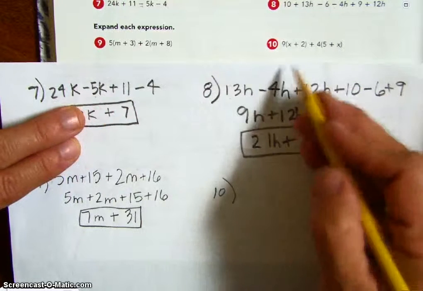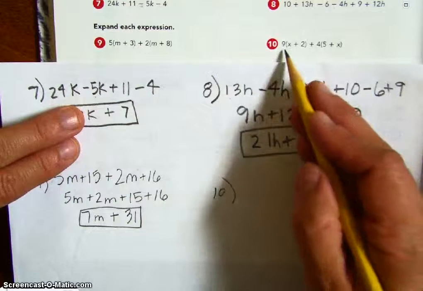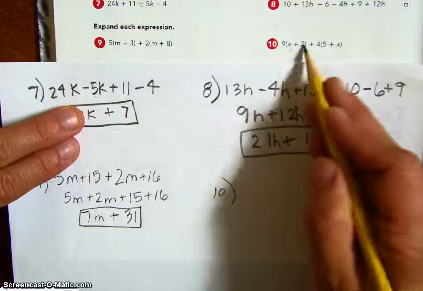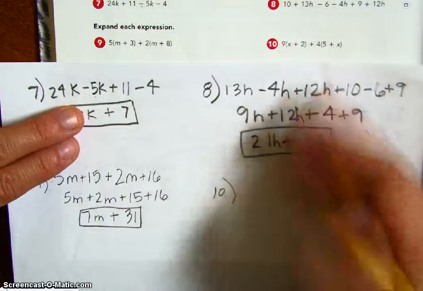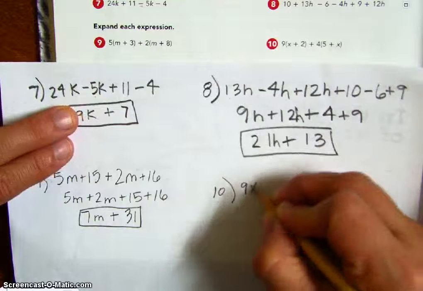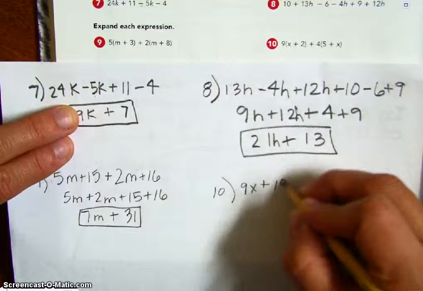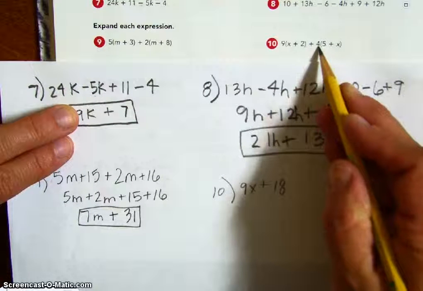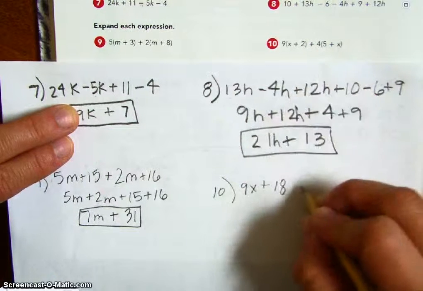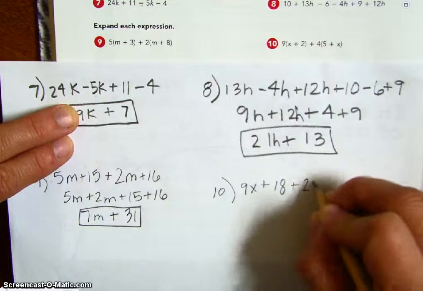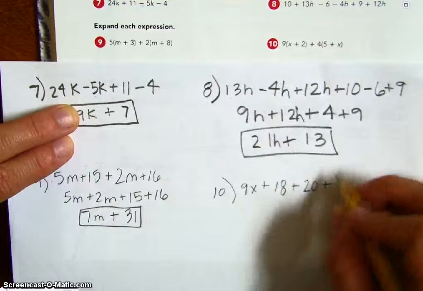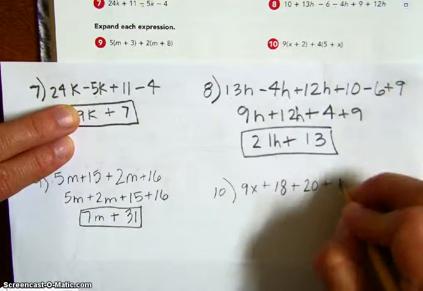So we're using distributive property. If you're looking at your book, 9 times x, 9 times 2 is the same as what you're seeing here. So 9 times x is 9x, plus 9 times 2 is 18. Now we're adding 4 times 5 is 20, plus 4 times x is 4x.